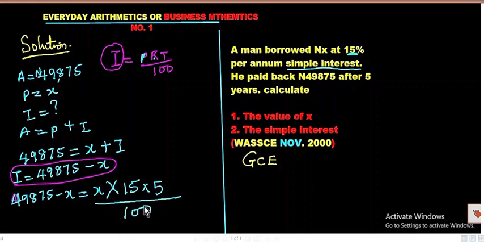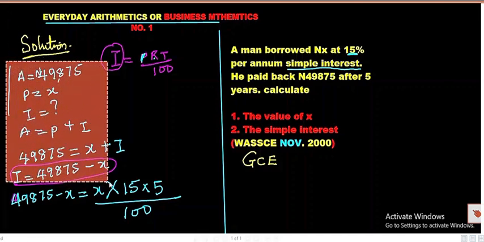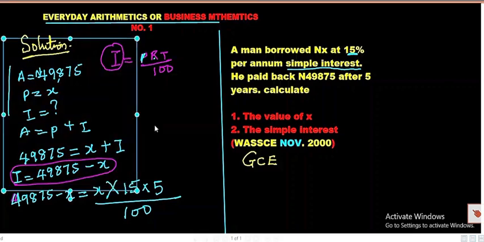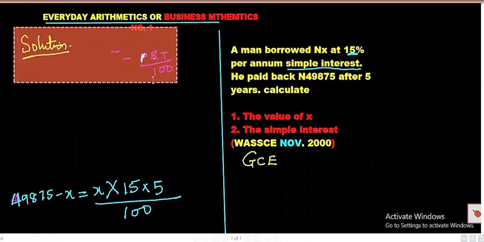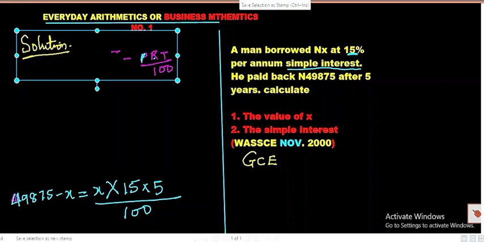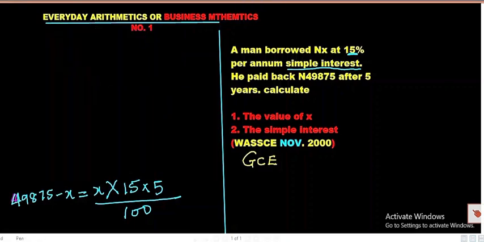So if I can make X the subject of the formula, then I have my answer. So I'm going to have 49875 minus X is equal to 0.75X.